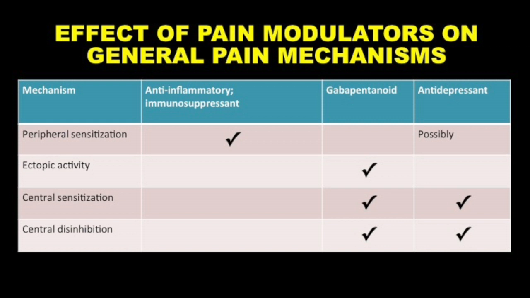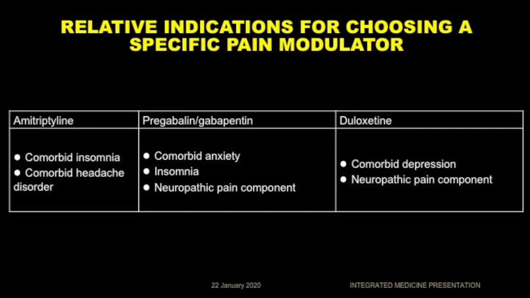And you can combine them with antidepressants like amitriptyline. Then you can also look for what else the patient has on top of the pain. If the patient is also depressed, for example, then an antidepressant would be the drug of choice. If the patient is also really anxious, then pregabalin would be the drug of choice.